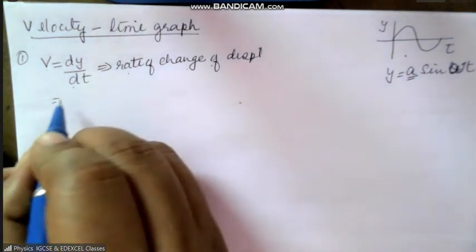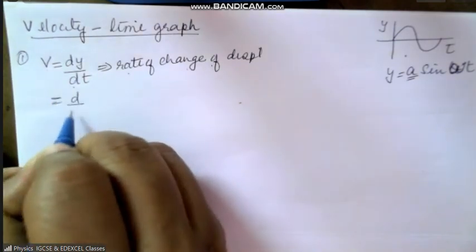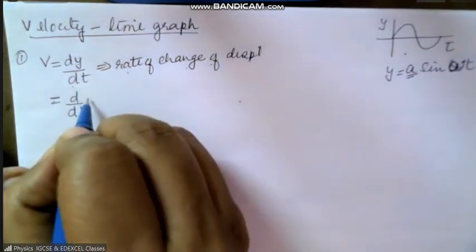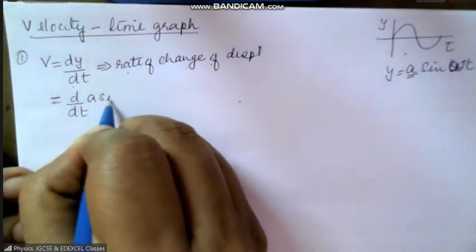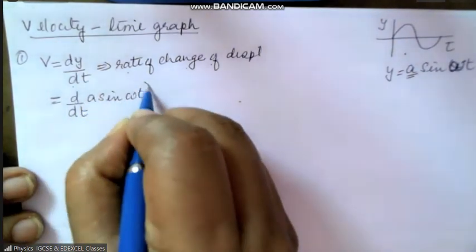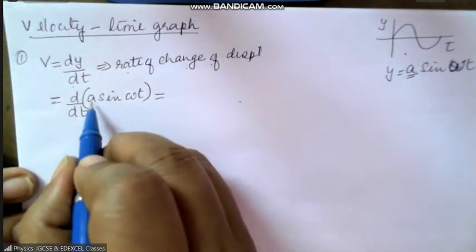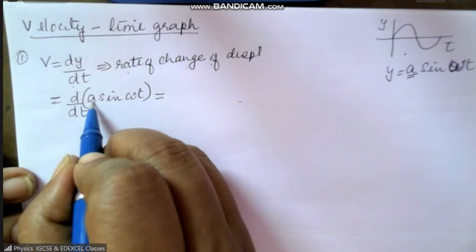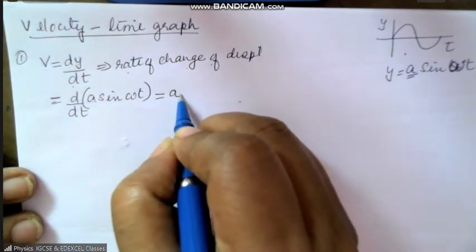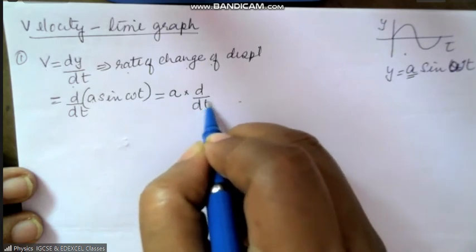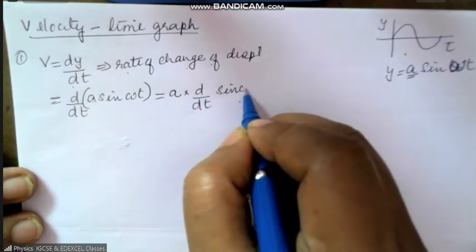Marshall? Okay, let's put d by dt of y. What was y? y was a sine omega t. Help me differentiate. A is a constant, the amplitude is a constant, take it out. A into d by dt of sine omega t.